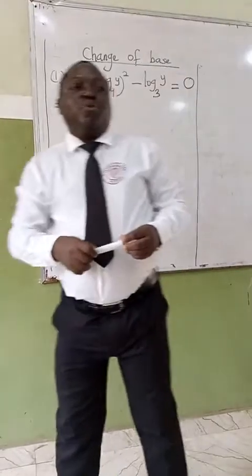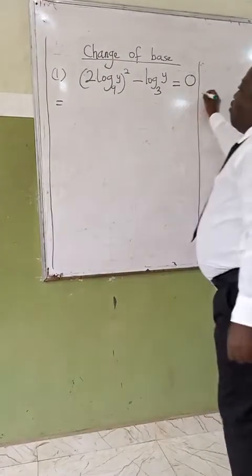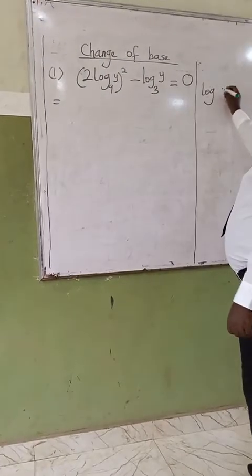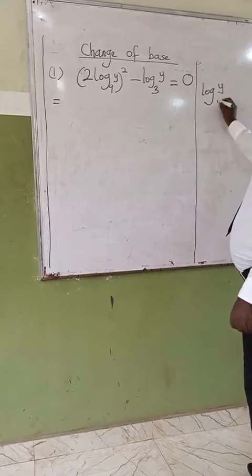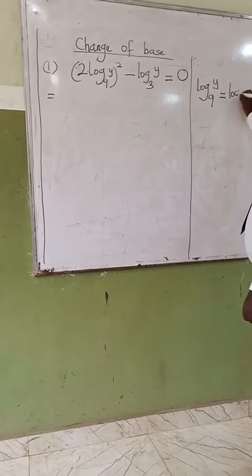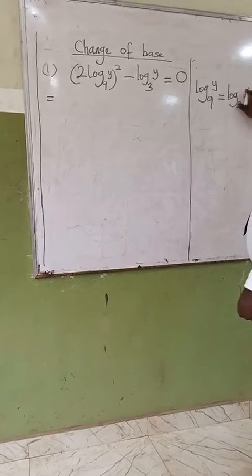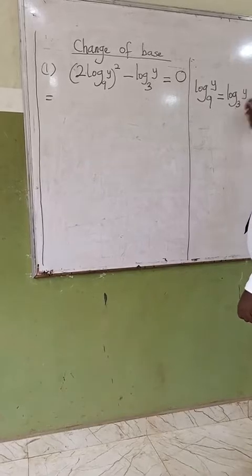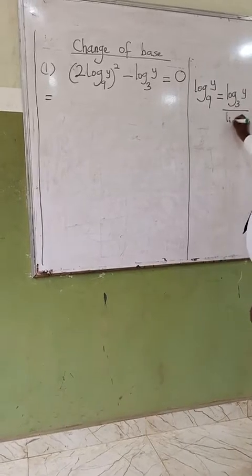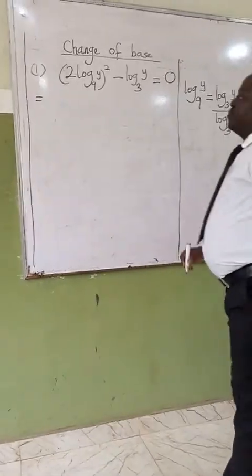According to the change of base principle, logarithm of y in base 9 is the same thing as logarithm of y in base 3 all over logarithm of 9 in base 3.